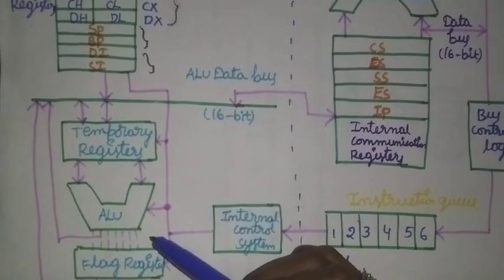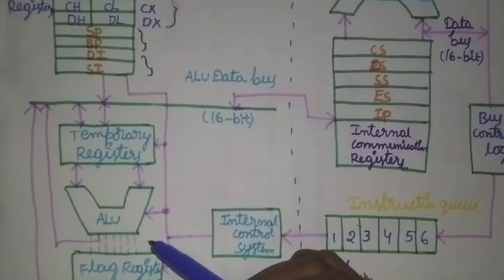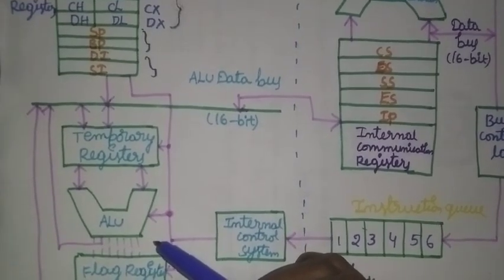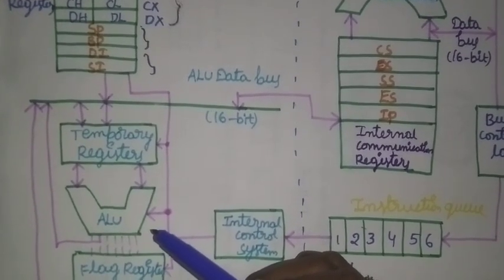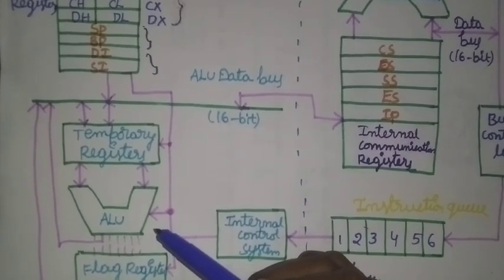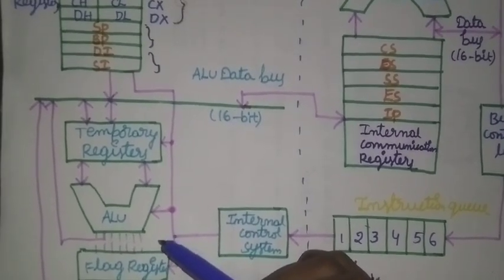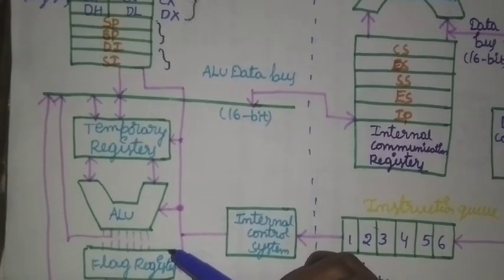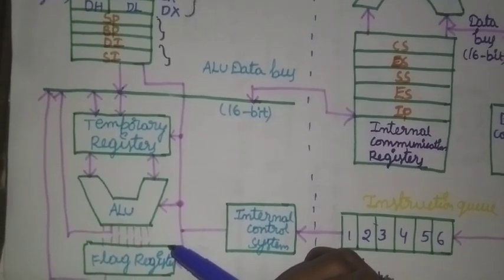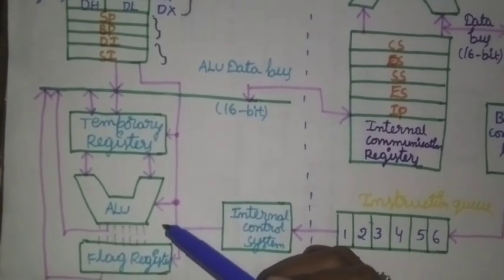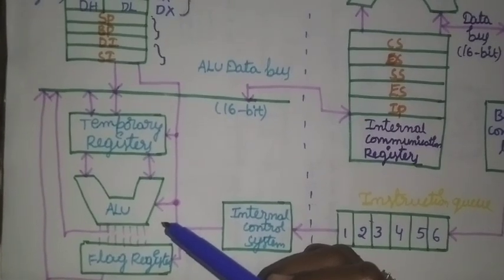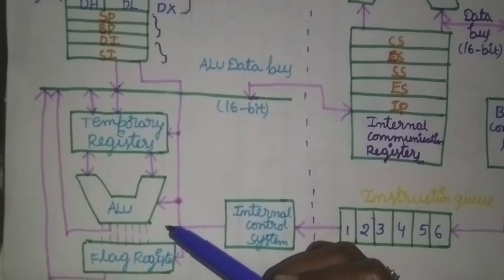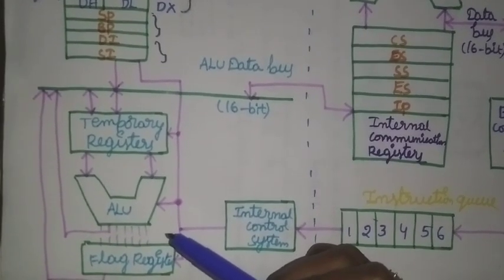For example, if you perform addition of two 8-bit numbers and we get a carry in the result, the carry flag in the flag register is set to 1; otherwise it is set to 0.